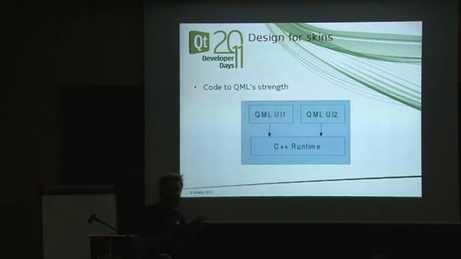So again, if your QML depends on your C++ runtime, you can easily extend your application with additional skins, additional UIs. You might think, okay, I'm just implementing an application with one UI, why would I care?